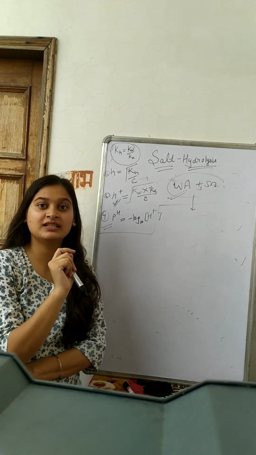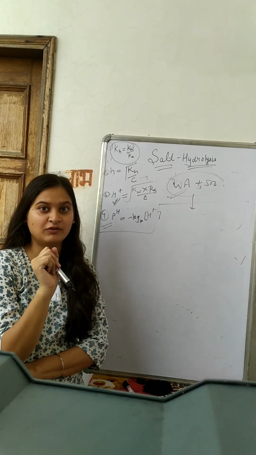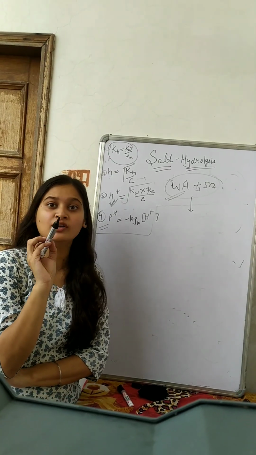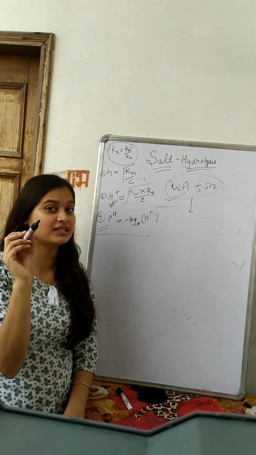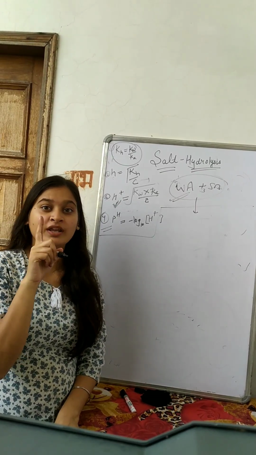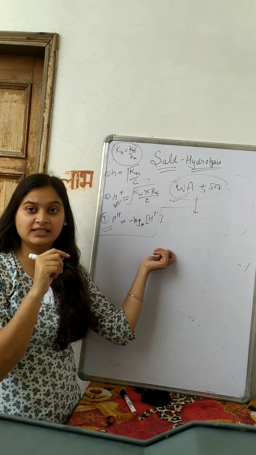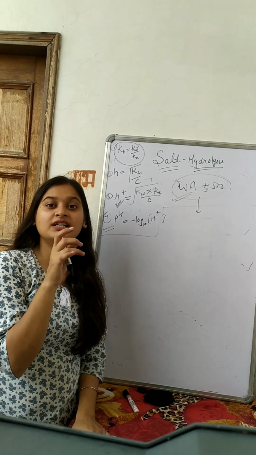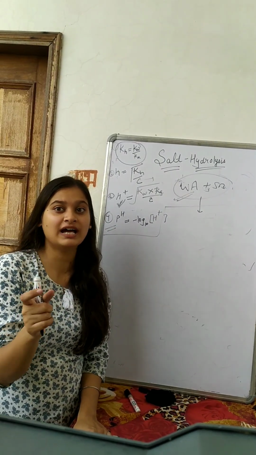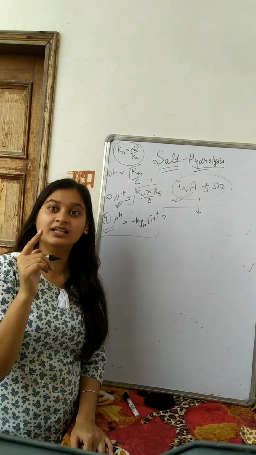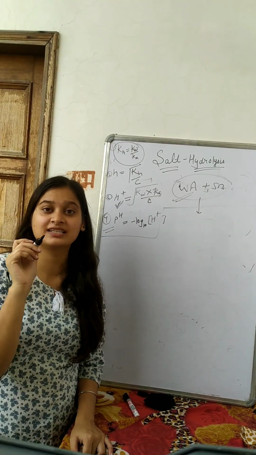Then the next reaction is the ionic product of water, that is equal to the H positive ions and the OH negative ions, and the constant ionic product is equal to the KW. Now we write the last reaction, for the dissociation constant of the acid. That means the acid dissociates into its ions, and the equilibrium constant for this reaction is the Ka.